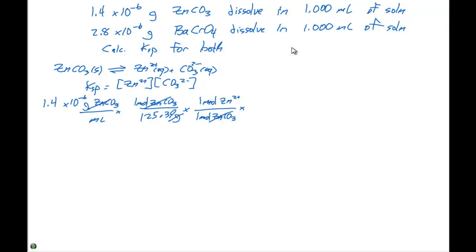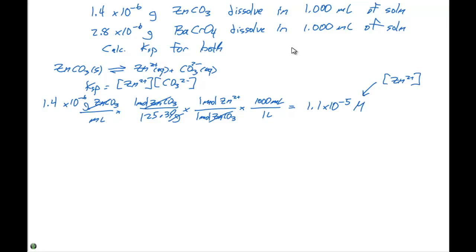We also need to convert to liters using the milliliter to liter conversion, and this gives us 1.1 times 10 to the minus 5 molar. So this is our concentration of zinc 2 plus in solution.